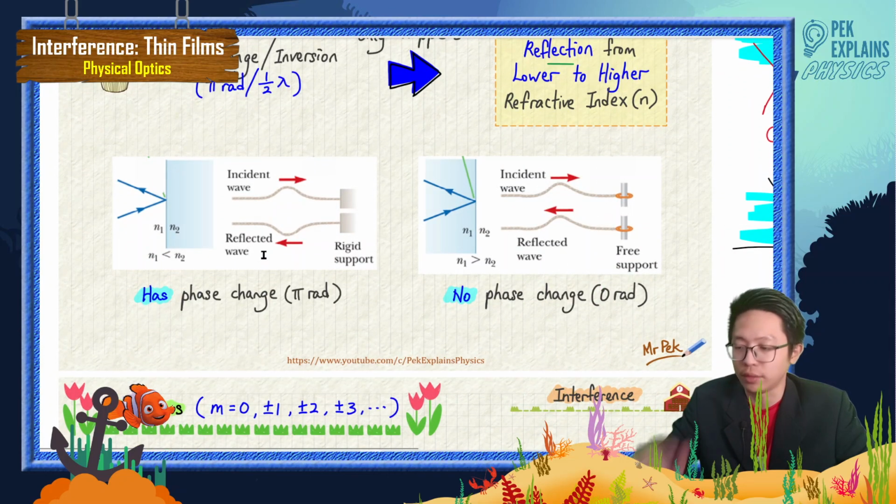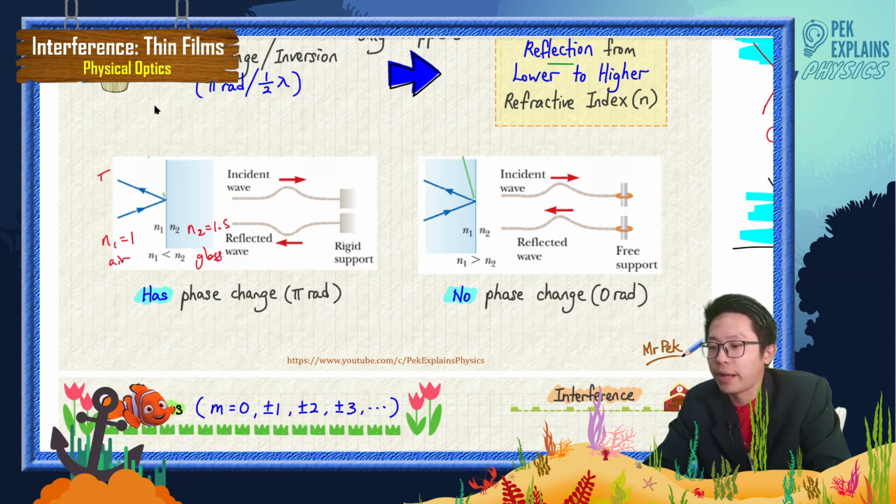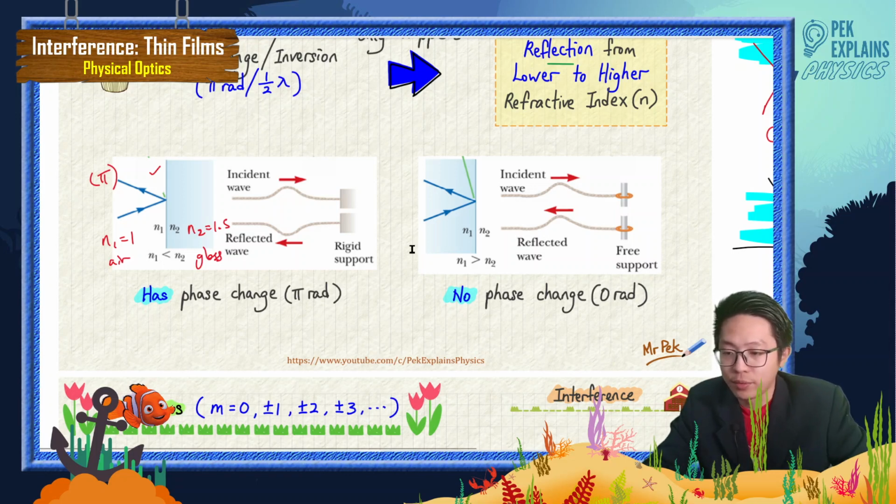Now let's look at this one. What is actually phase change? Like you see here, this one is N1 less than N2. That means N1 equals 1, and N2 is bigger, 1.5, from air to glass. This one gets a pi radian phase change. But this one, N1 is bigger than N2.